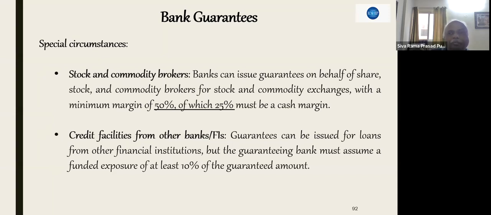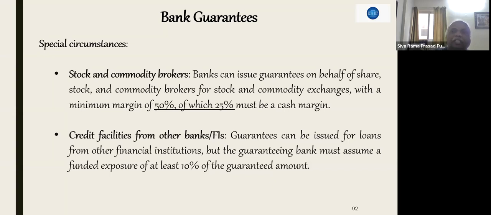Special circumstances: even for stock and commodities, guarantees are insisted on for brokers and credit facilities from other banks, financial insurers. The guarantees can be issued for loans from a financial insurer, but the guarantee bank must assume funded exposure of at least 10% of the guaranteed amount.